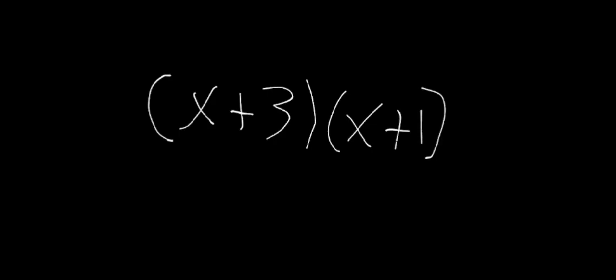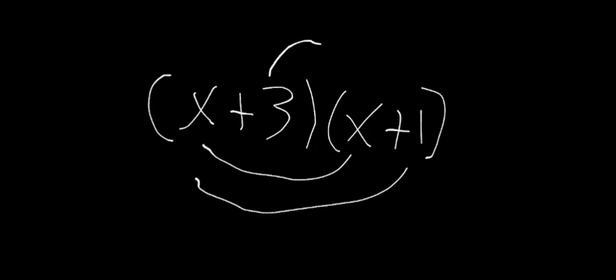To factor out, you have to distribute it like we did before, but this time you have the x and it pulls in this, so x times x, and then it also pulls in the 1, so x times 1. But this is where it differs: the 3 distributes over here too, so 3 times x and 3 times 1. This is called factoring, and I'll cover this topic in a later video.